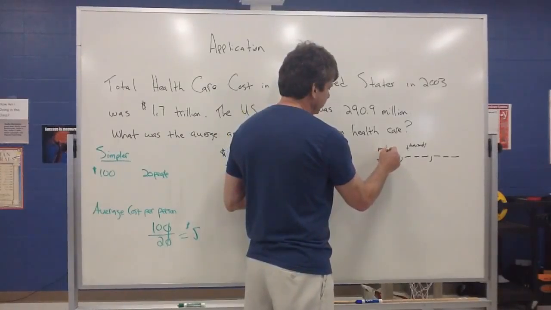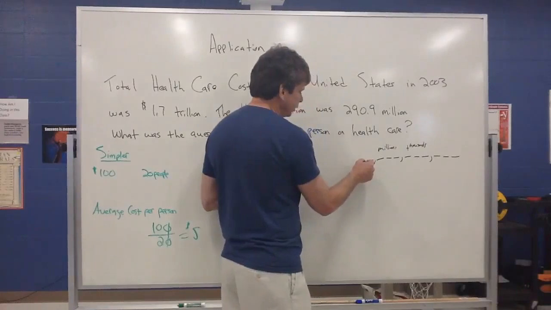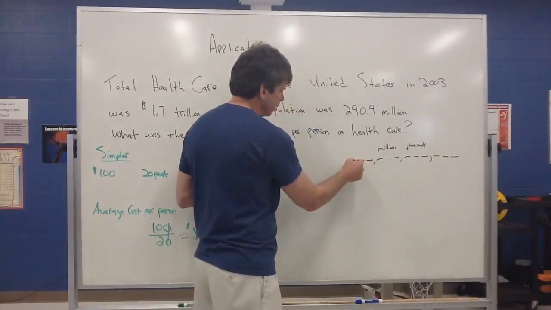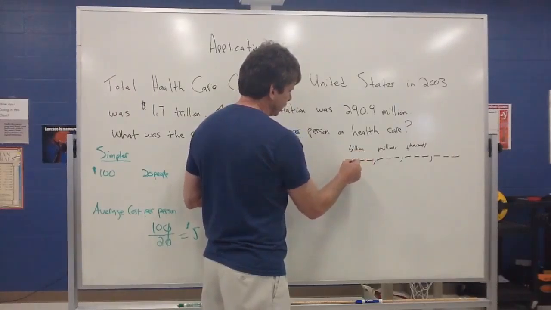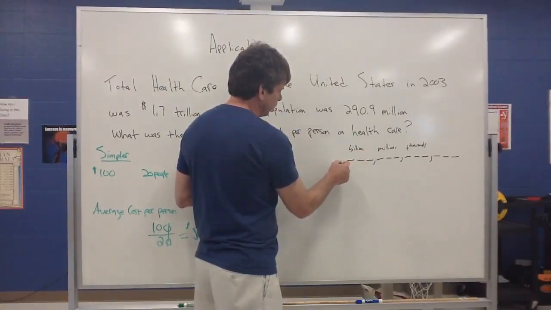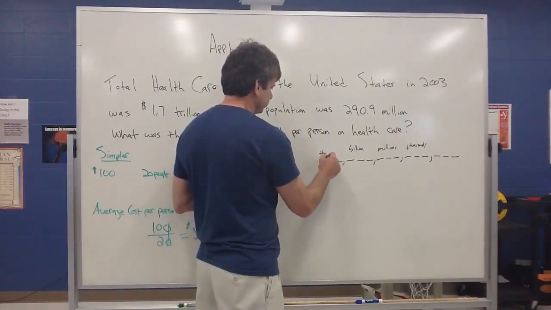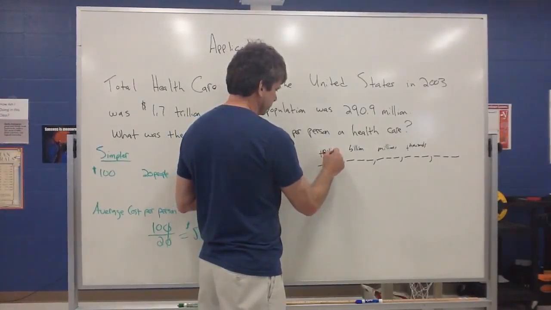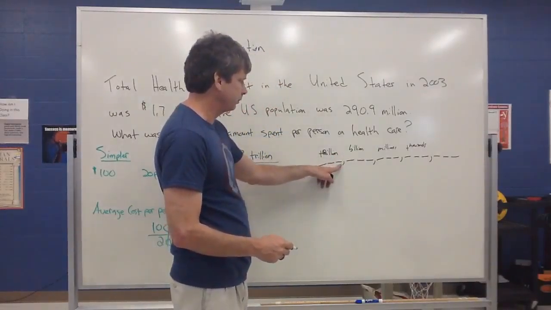So this is our millions place. 1 billion, 10 billion, 100 billion. So this is our billions place. And then we have 1 trillion, 10 trillion, 100 trillion. So it looks like the trillions place starts here.